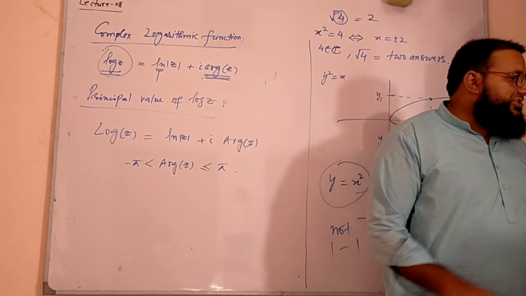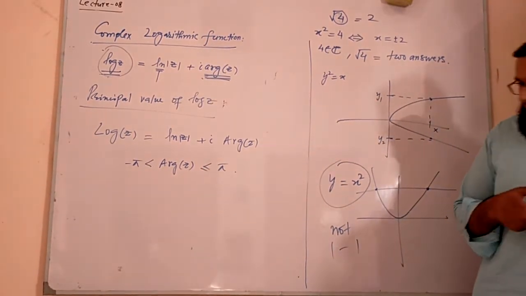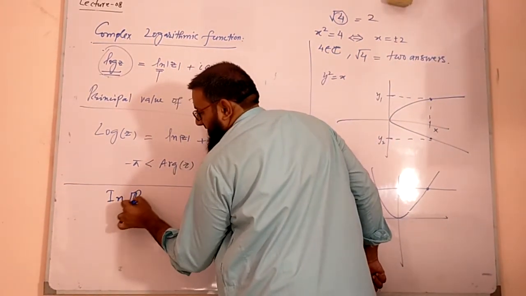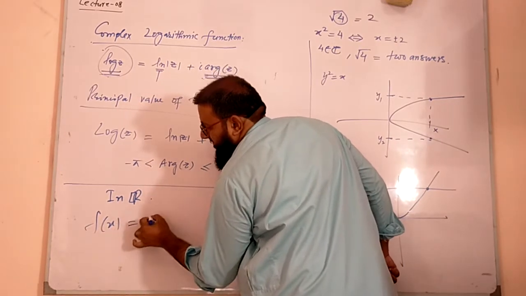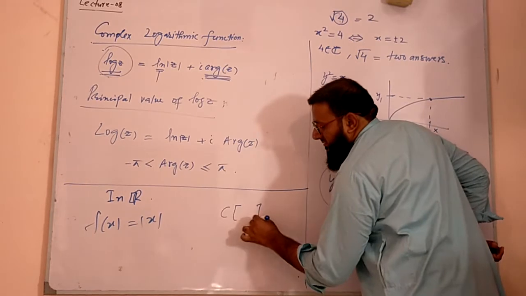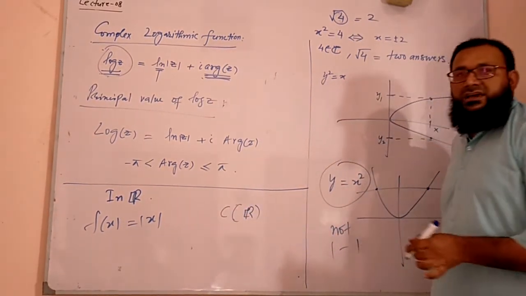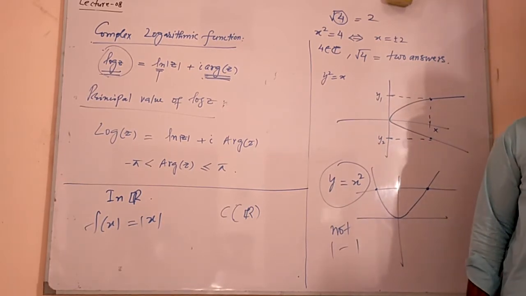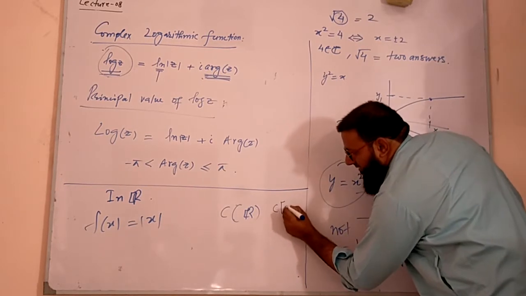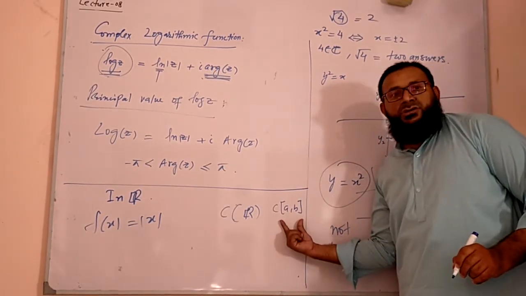Can you tell me a function which is continuous but not differentiable? In R, mod x. If you take this function, we say that it belongs to, let's say, C of R. What do you mean by C of R? The set of continuous functions on R. And sometimes we restrict our domain to D, the set of continuous functions on some closed interval.